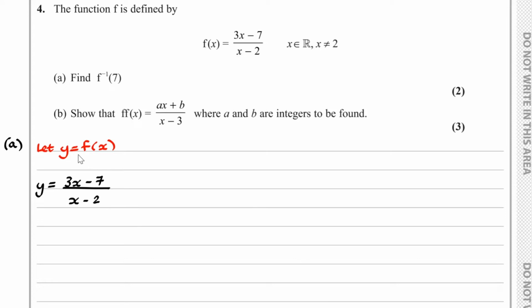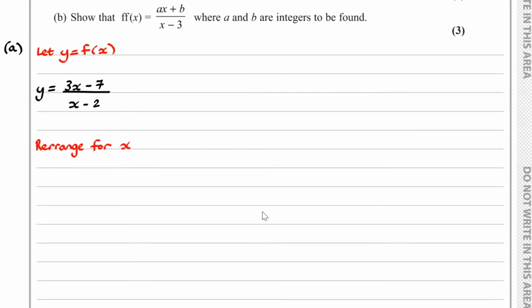Our next step would be to rearrange for x. So let's first of all multiply both sides by x minus 2. So we have y lots of x minus 2 equals 3x minus 7. Expanding on the left hand side, xy minus 2y is equal to 3x minus 7.